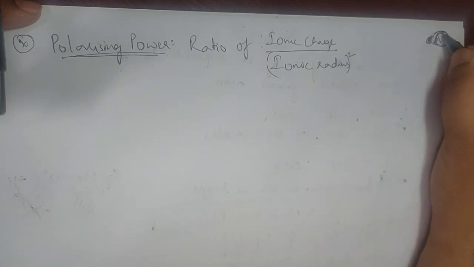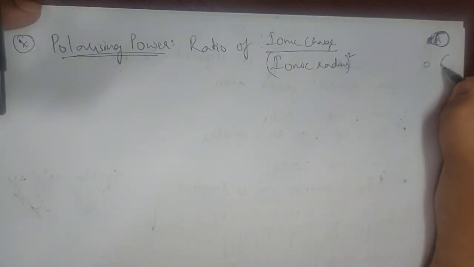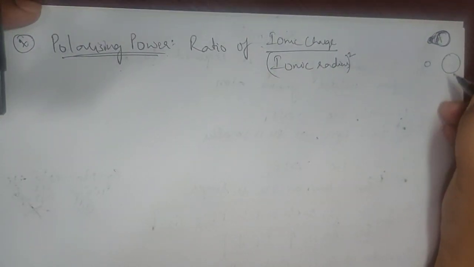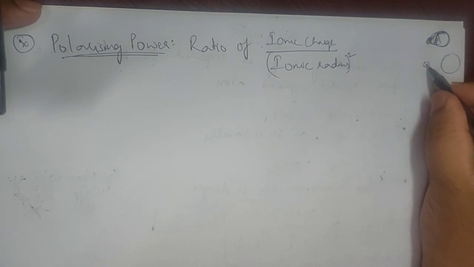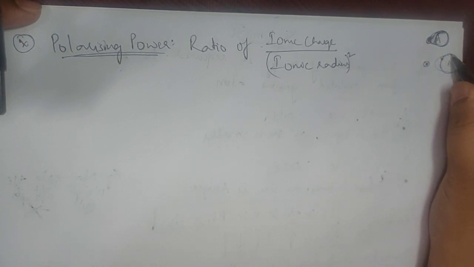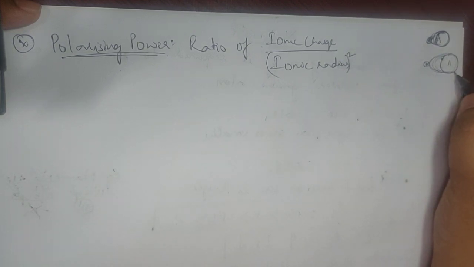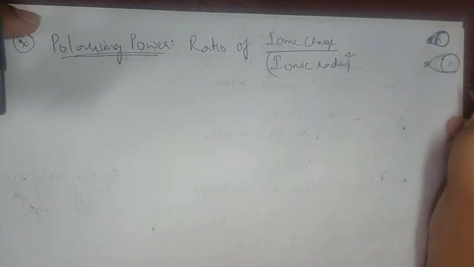Initially it could be like this, but during bonding, due to the attractive force of this nucleus on the valence electrons of the anion, the anion is attracted. So the anion becomes shapeless, slowly gets distorted, totally distorted, and then it forms a covalent compound.